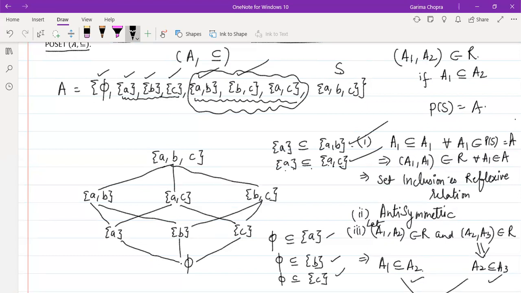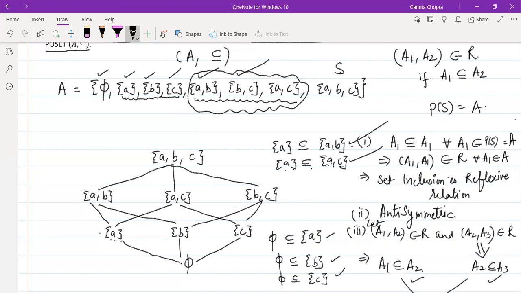Now see here, we know that the set phi is related to the set ABC, but we have not drawn a direct edge because we get it by the transitive property. We have a path from phi to the set having three elements ABC. From phi to the singleton set A, we have an edge.